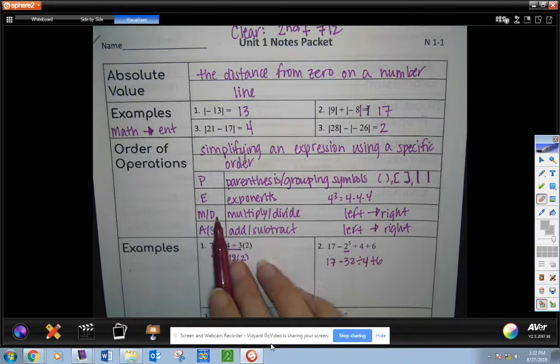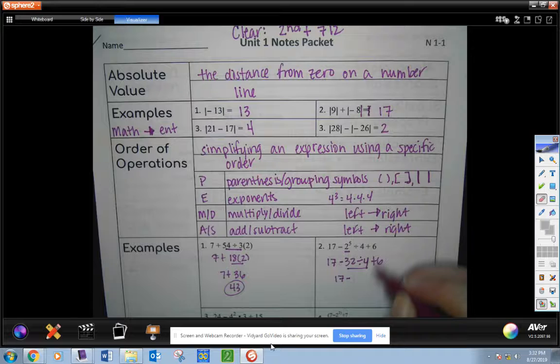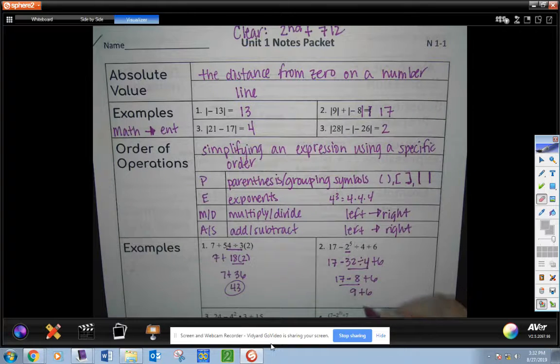Moving to multiply and divide, left to right, I have a divide. So 17, and I keep the minus, 32 divided by 4 is 8, and then plus 6. Since add and subtract go left to right, I do 17 minus 8, which is 9, and 9 plus 6 is 15.